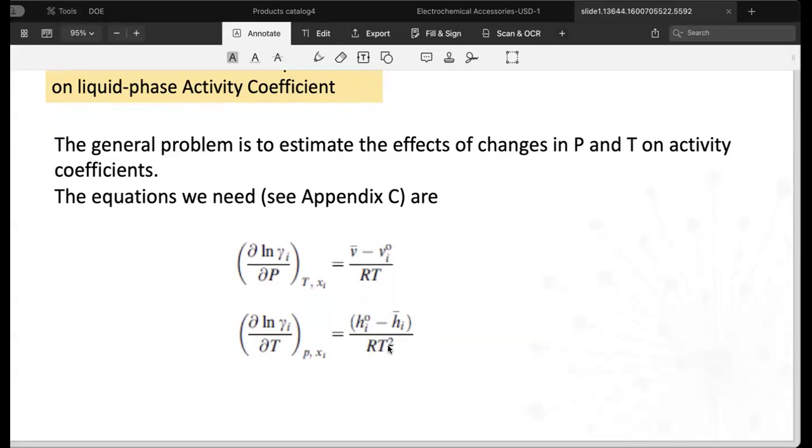And so you see, if you want to estimate the change of the activity coefficient when the pressure changes, we must know this value, this function.